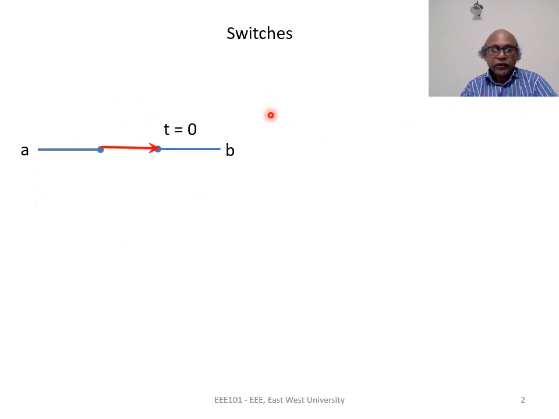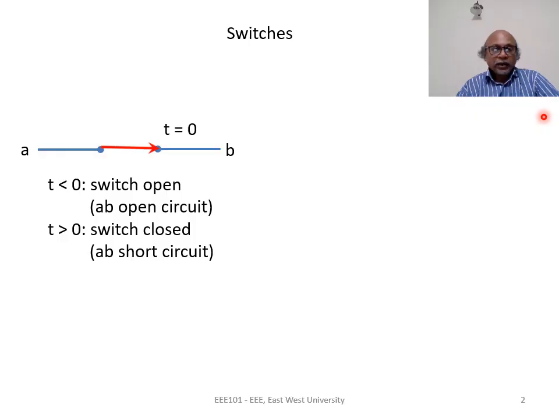So if we look at the switch, before the switching operation, the switch is open circuit, and after the switching operation at t equal to 0, the switch is short circuit. So we can describe the operation of the switch by these two statements: the switch is open for t less than 0, the switch is closed for t greater than 0.